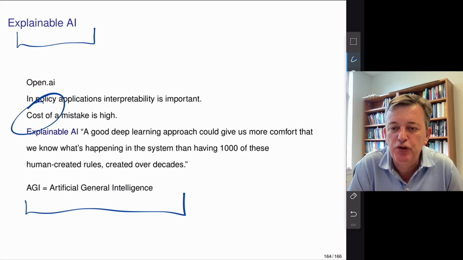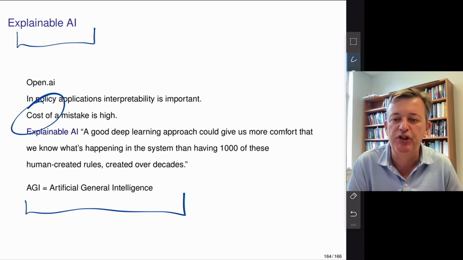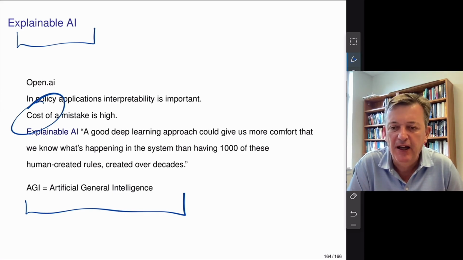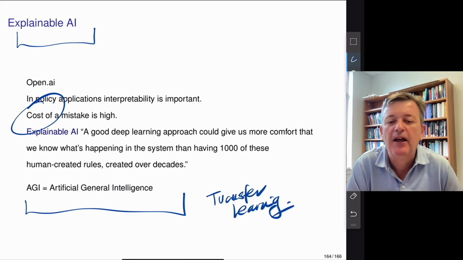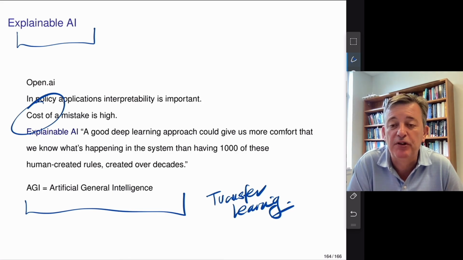So if you're in the Turing, von Neumann, Shannon camp of people that like to develop these algorithms, you think that these algorithms will themselves have general intelligence. So I think the problem there is called transfer learning. So once I've developed algorithms to do certain tasks, if I'm given a new task I've never seen before, can I basically use a combination of old algorithms to solve a new task?